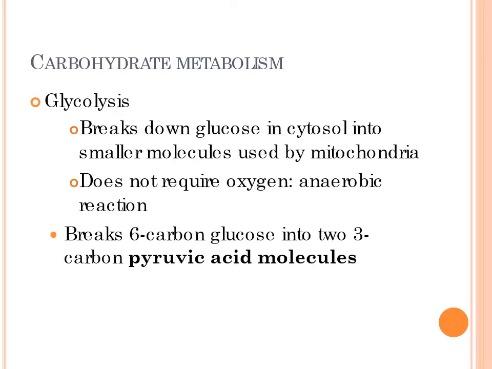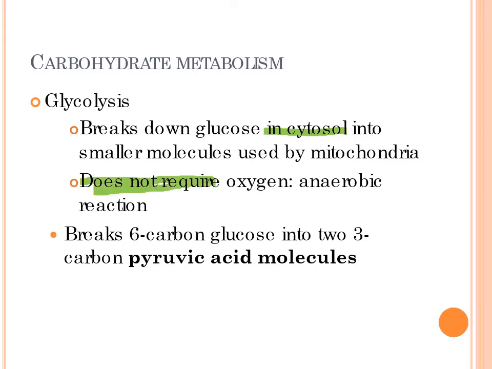So glycolysis is first. It breaks down glucose in the cytosol. So glycolysis happens in the cytosol. The rest of this happens in the mitochondria. So in the cytosol, glycolysis breaks down glucose into smaller molecules that can be used by the mitochondria. And this does not require oxygen. So this is the only step that does not require oxygen.